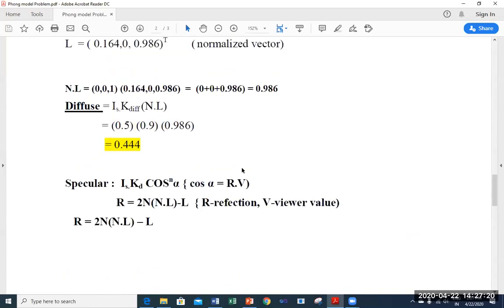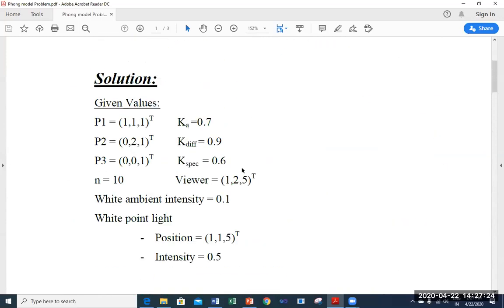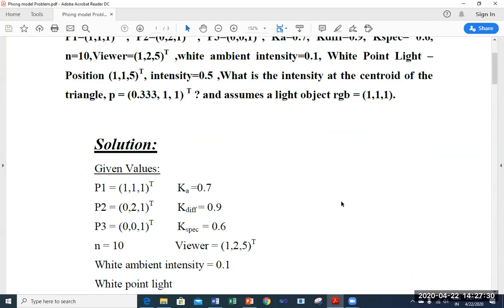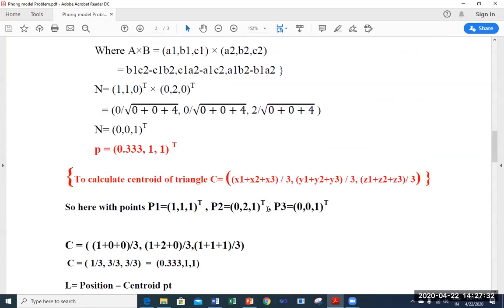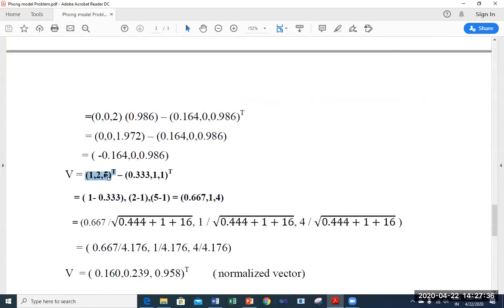So here the given viewer value is 1, 2, 5, and you have to calculate it with respect to the centroid of the given triangle, right? So viewer minus centroid of the given triangle, the value is going to be 0.667, 1, 4.